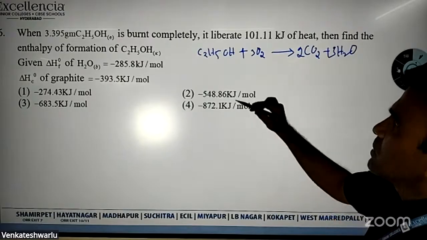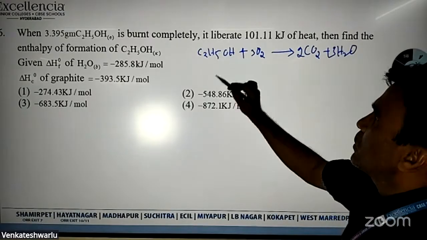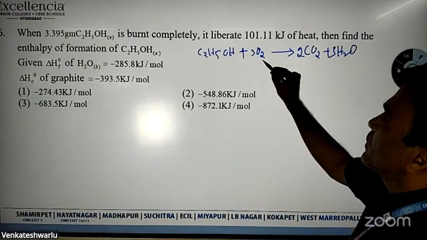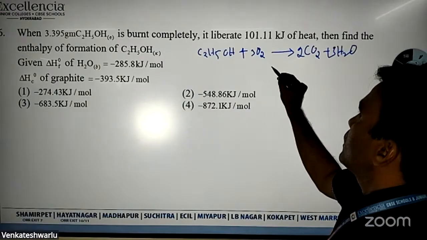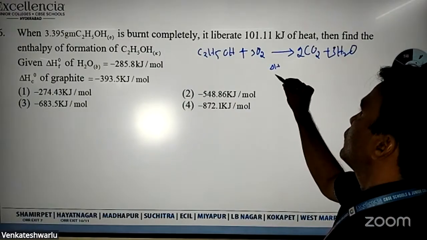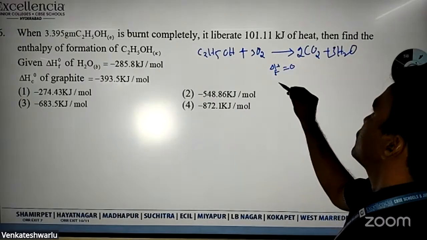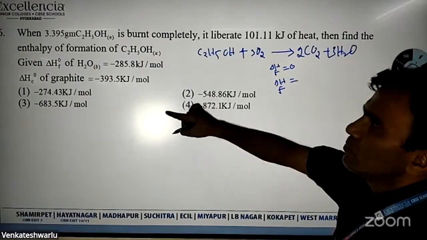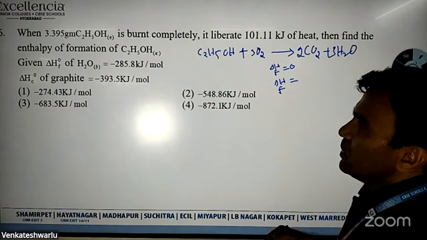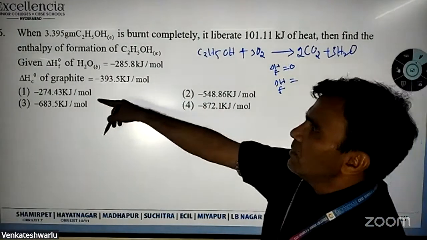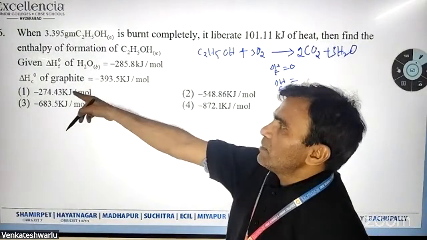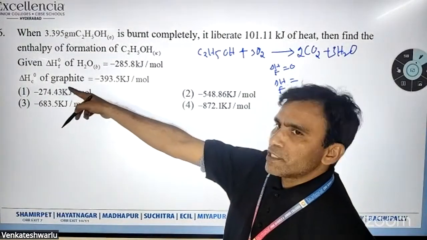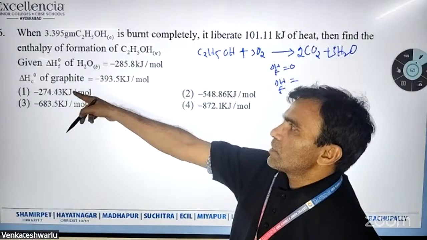Now they are asking the heat of formation of ethanol. The heat of formation of oxygen is 0. Heat of formation of standard state elements is 0. Now heat of formation of CO2 is given indirectly, not directly. The heat of combustion is given, where C stands for combustion.